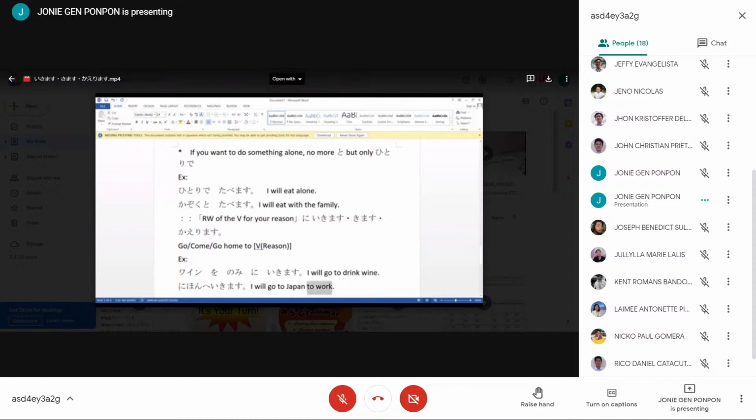So it will be before Nihon e ikimasu. So to work is hatarakimasu, yung verb nung to work, right? Hatarakimasu. Okay, so the root word for the verb hatarakimasu is hataraki. Okay, so hataraki, and then just add the ni particle, and then Nihon e ikimasu. So for the English sentence, I will go to Japan to work.